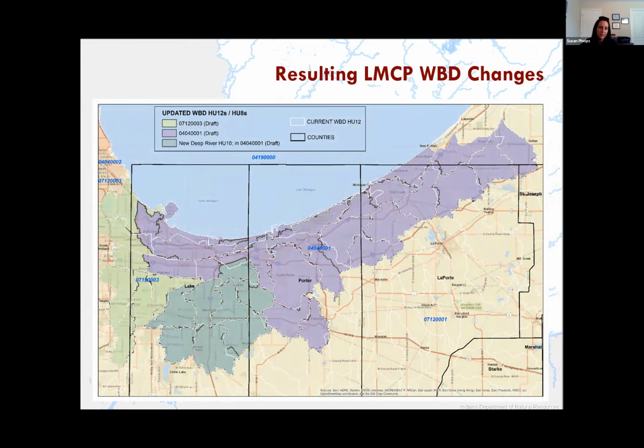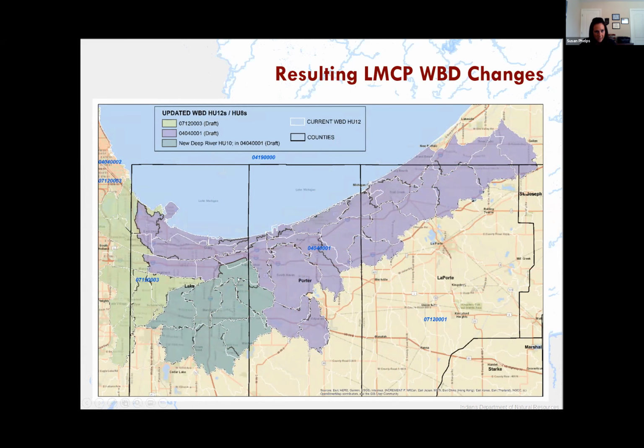And this is a map of the changes that resulted. You can see the existing HUC 12 boundaries are shown as the white outlines here, the updated boundaries are the ones in the colors here, and the new HUC 12s are shown with the dark gray outlines.